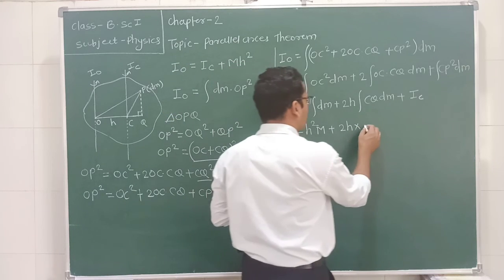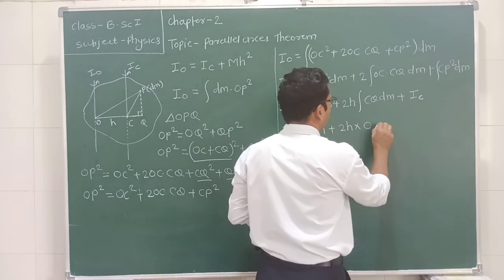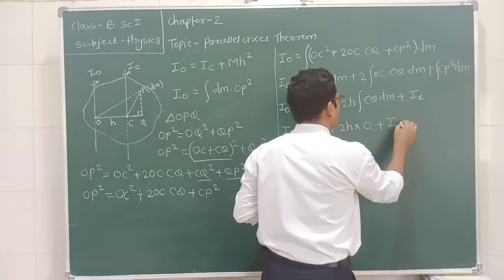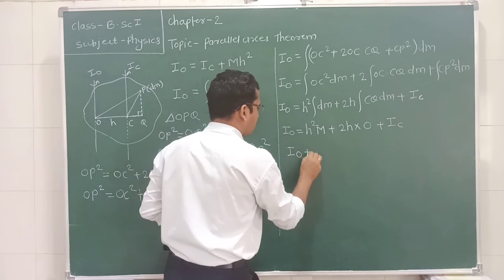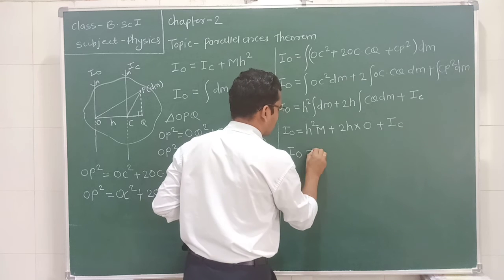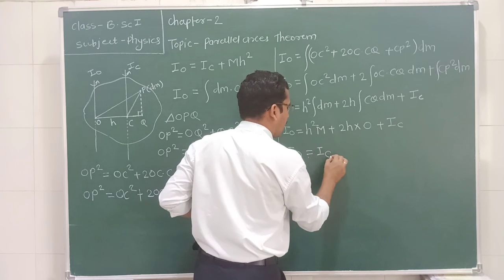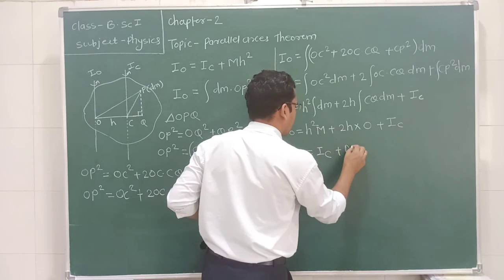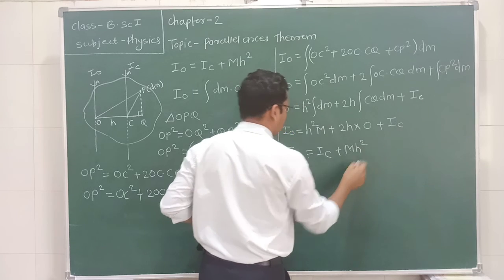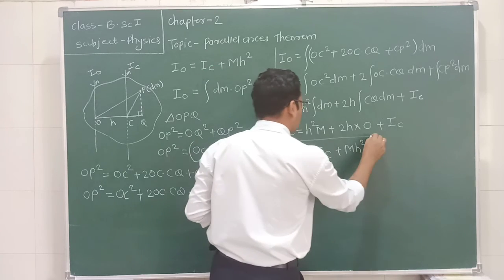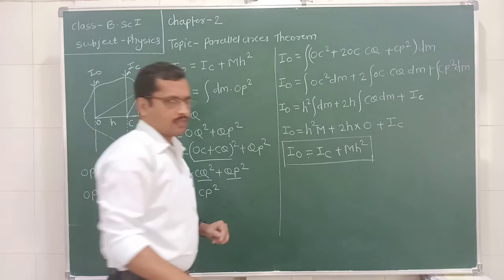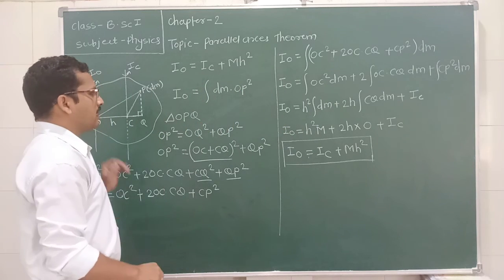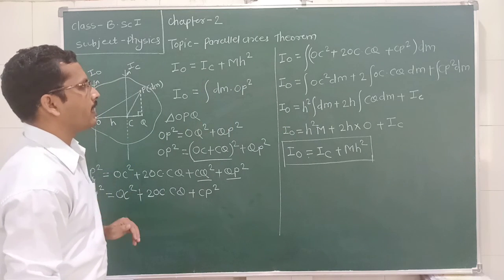Therefore we can write this as equal to 0, and it is equal to plus Ic. Okay, so it is I0 equal to Ic plus Mh square.